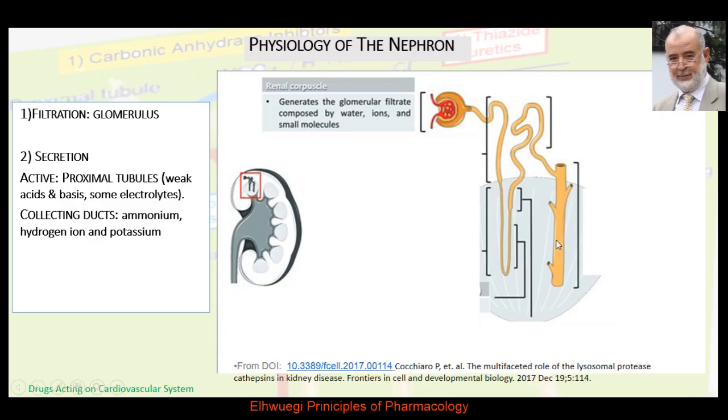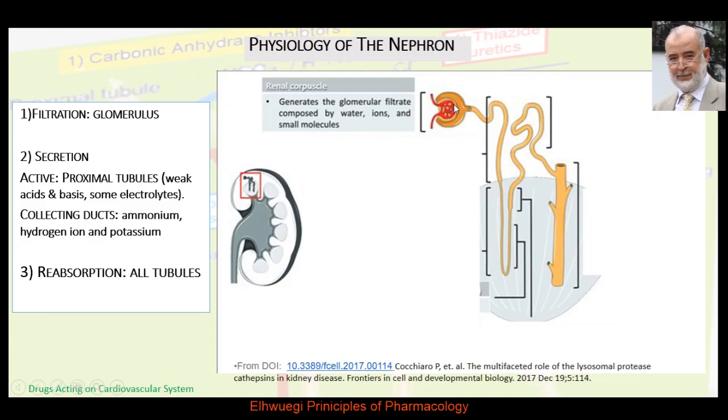You have the secretion of ammonium ions, hydrogen ions, and potassium from blood to the urinary filtrate in the collecting ducts. The third function of the kidney is reabsorption.